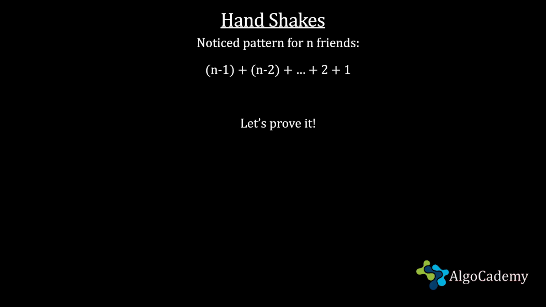Now we have an assumption, an idea about how the formula looks, but it's time to prove it. Let's take the general example where we have n friends, and let's call the friends A1, A2, ..., An. Firstly, A1 is going to shake hands with all the other friends, A2, A3, ..., An. This is a total of n minus 1 handshakes.